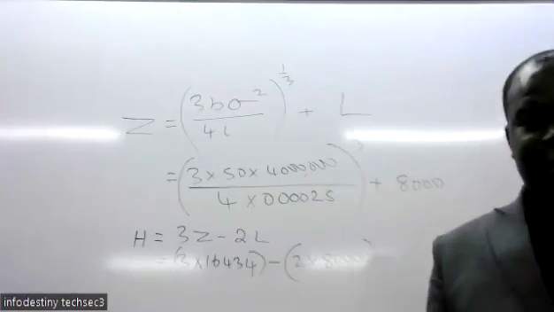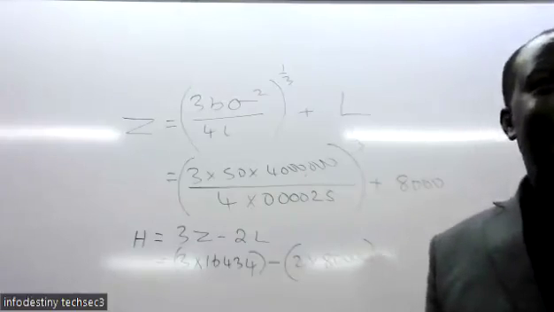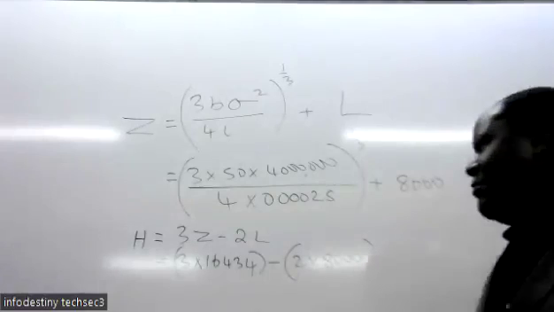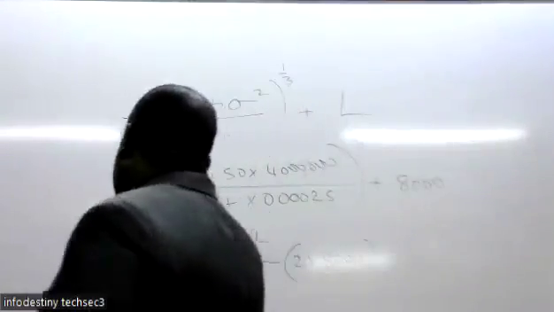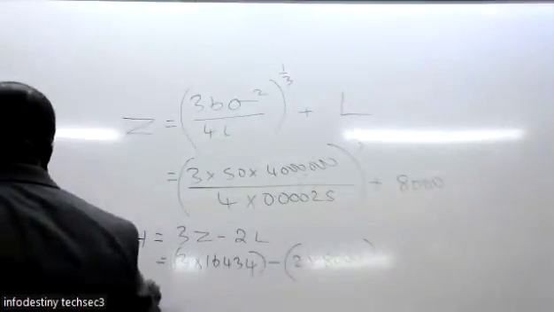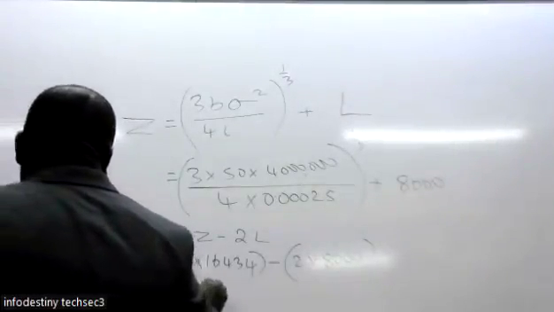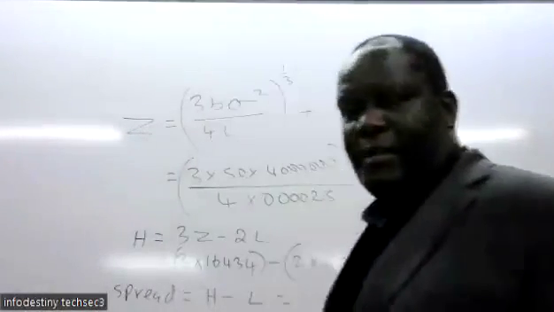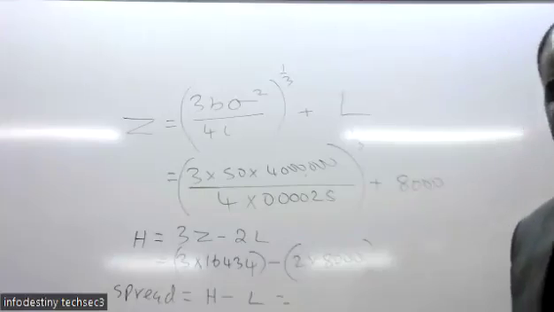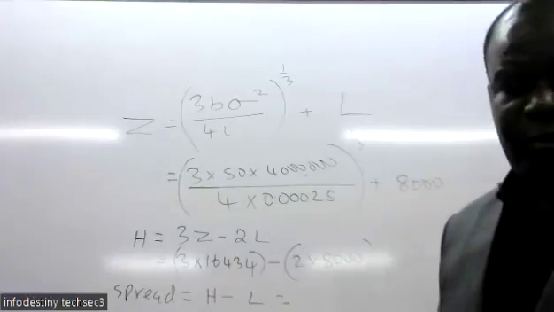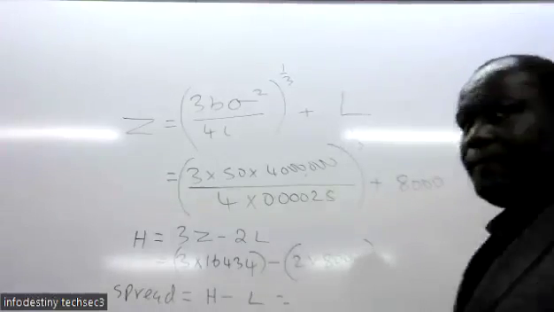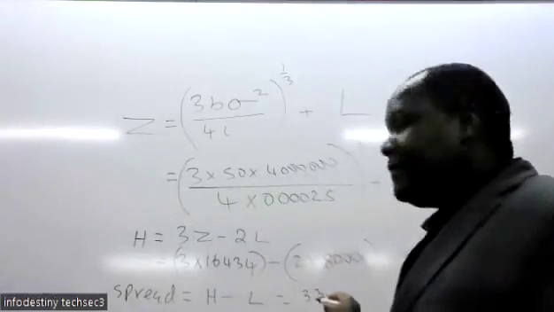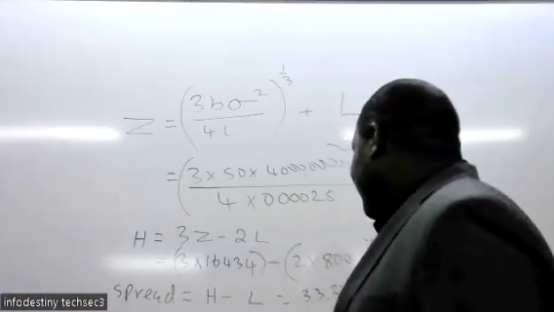After that is when you can go to Roman letter 1 to compute the spread. The spread is H minus L. So what is the figure for H? 33,302.